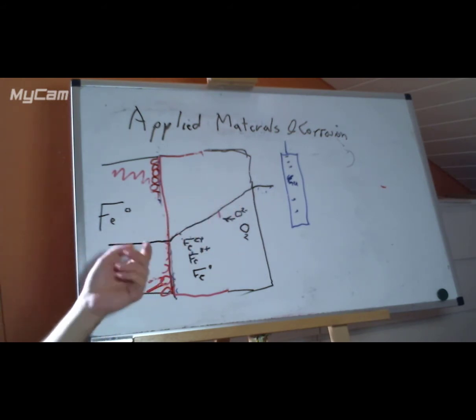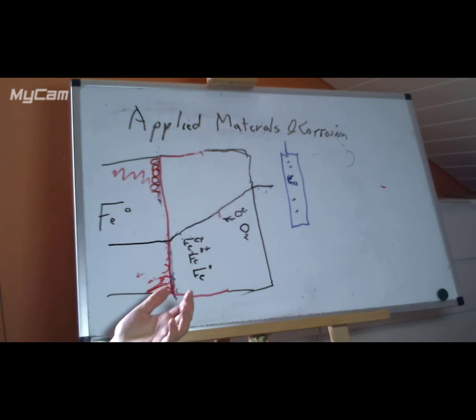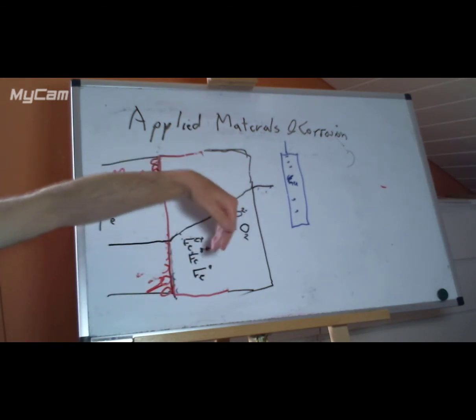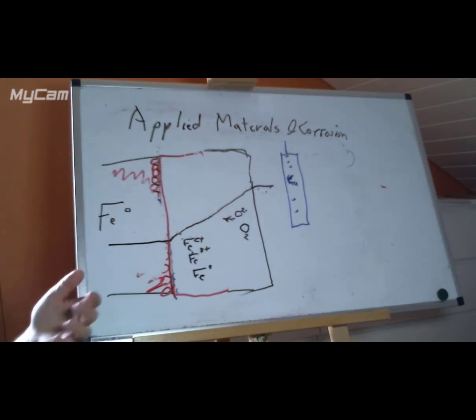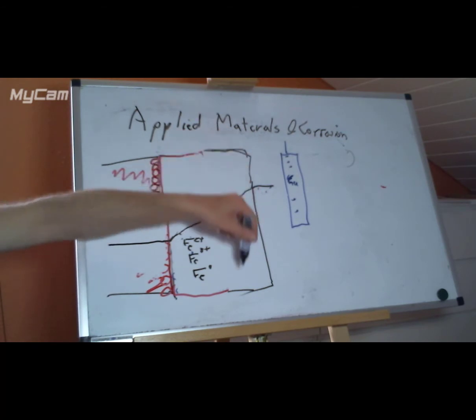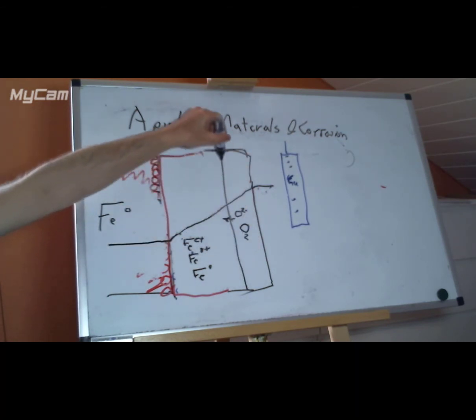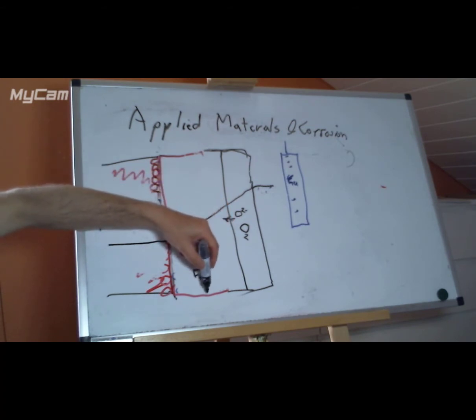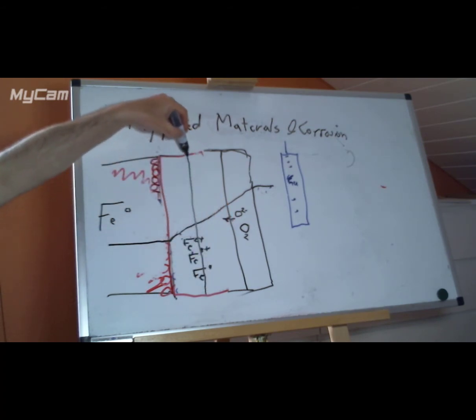This line would also represent the redox potential of the position inside our oxide layer, which means that we can get to the next part: if we're looking at an iron oxide layer, the iron oxide on the surface is going to be mostly iron 3, and the iron oxide at the bottom is going to be mostly iron 2.